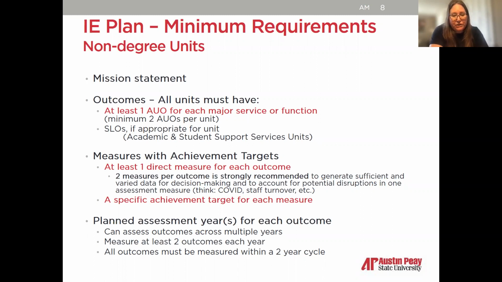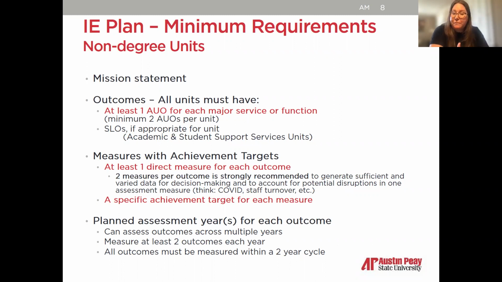Then you also need to have at least one direct measure for each outcome and a specific achievement target for each of those measures. And what I do want to emphasize is that you can assess outcomes across multiple years. So you don't have to come up with brand new outcomes every single year. We get asked that a lot. People will say, oh, do we have to come up with a whole new outcome or is it okay to do this again? No, we actually encourage you to use the same outcomes.